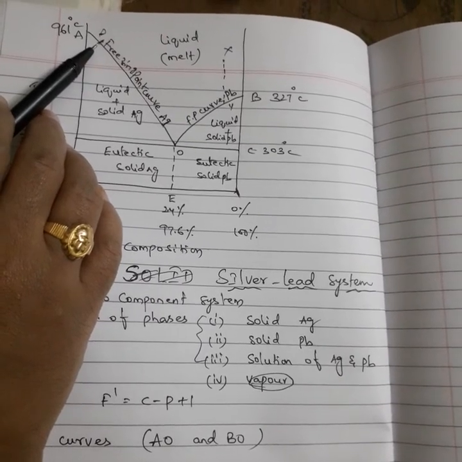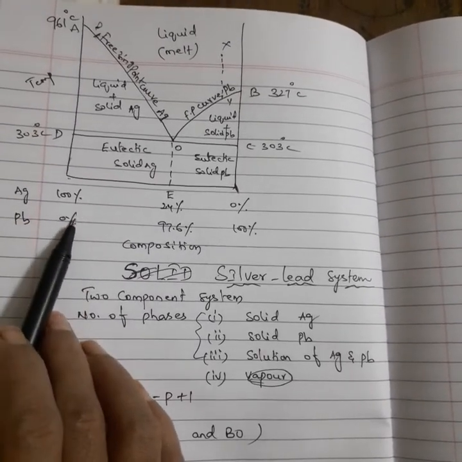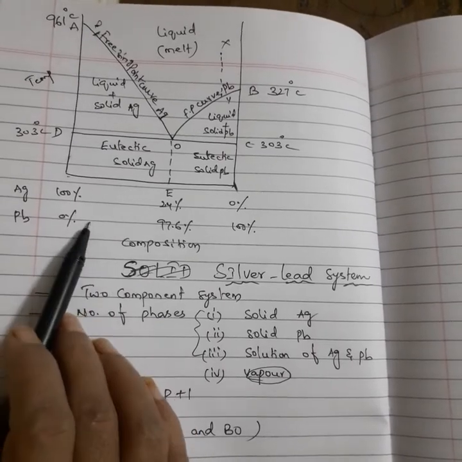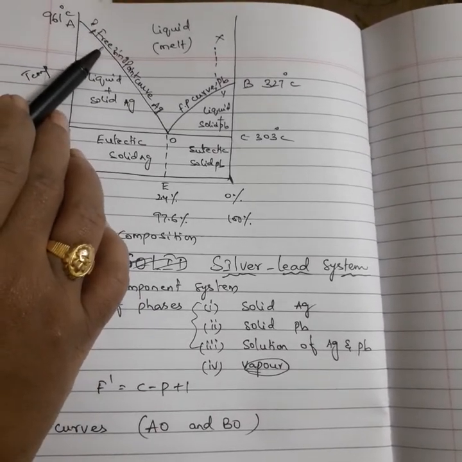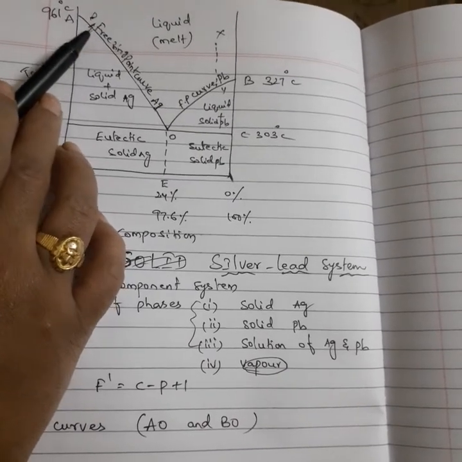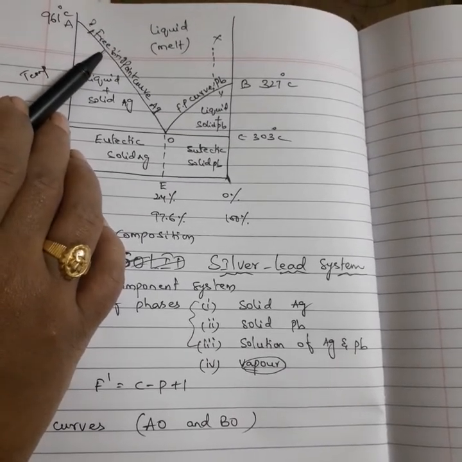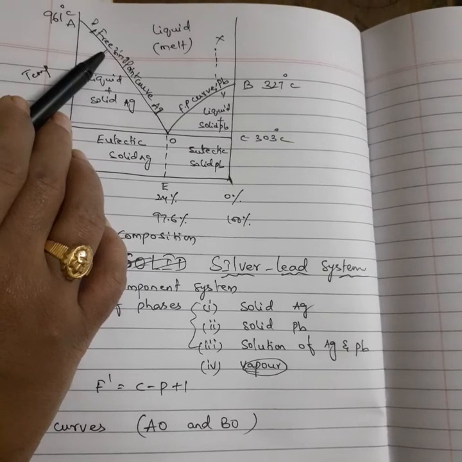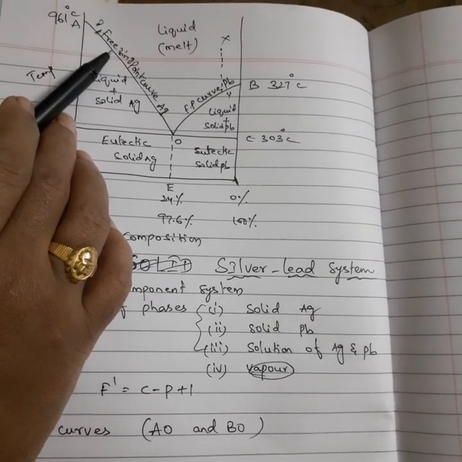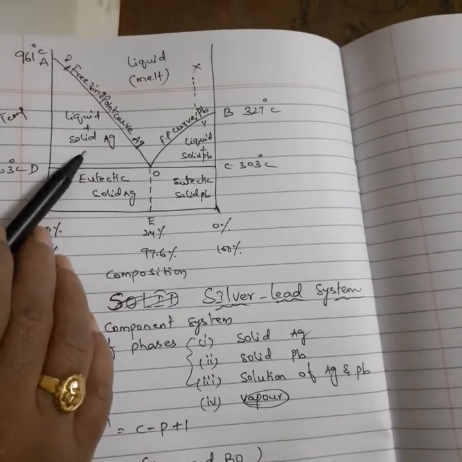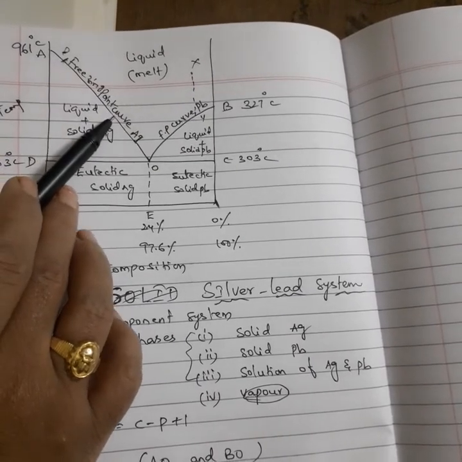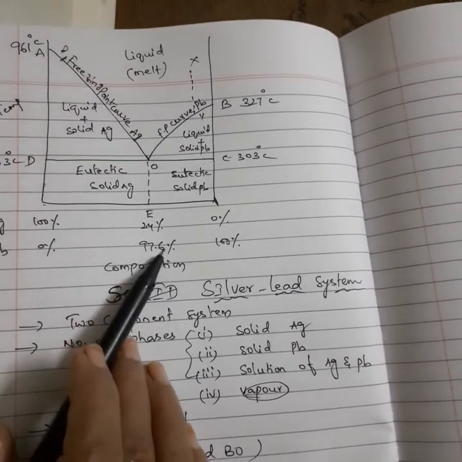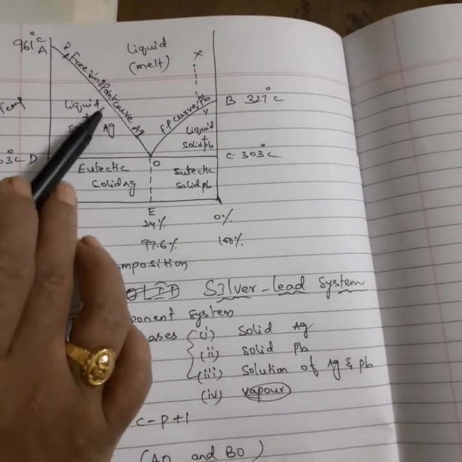When we increase the lead, what happens? The curve will move towards the right side. So the curve comes to here. Because the temperature is decreasing, much more silver converts into solid form. And again I am adding some amount of lead, so it comes to here because composition is going towards the right side.